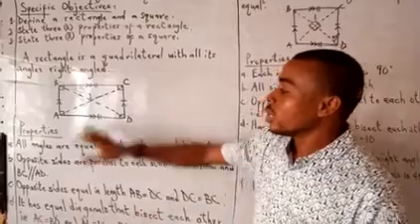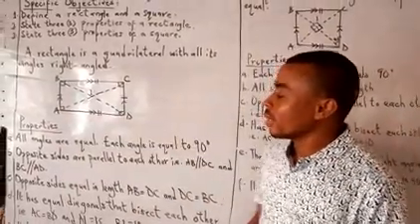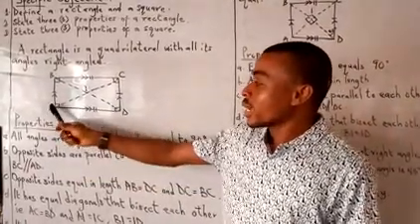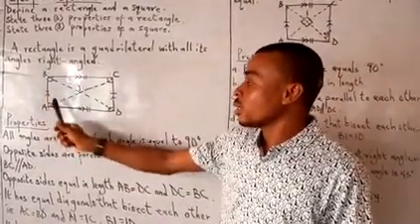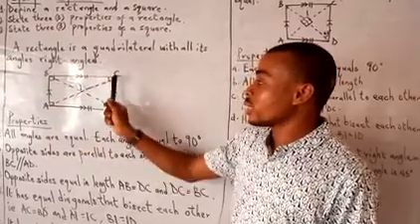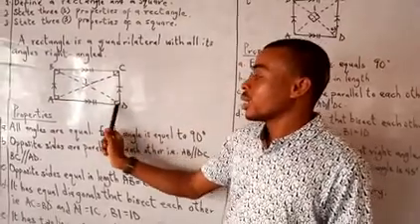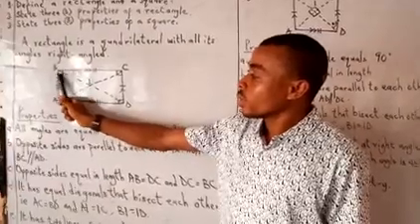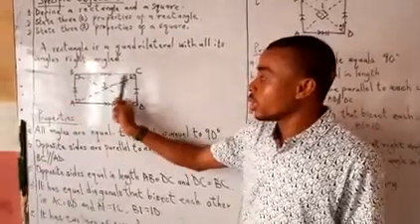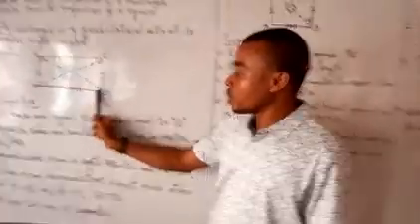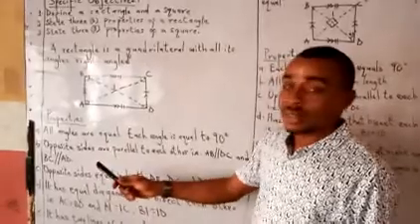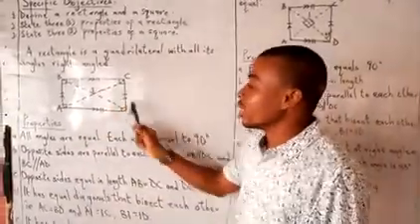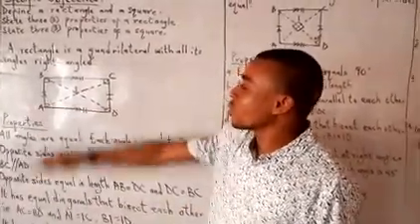Now look at a diagram of a rectangle. These are the sides: side AB, side BC, side CD, and side AD. Now these are the angles: angle B, angle A, angle C, and angle D. And the following are the properties of a rectangle.